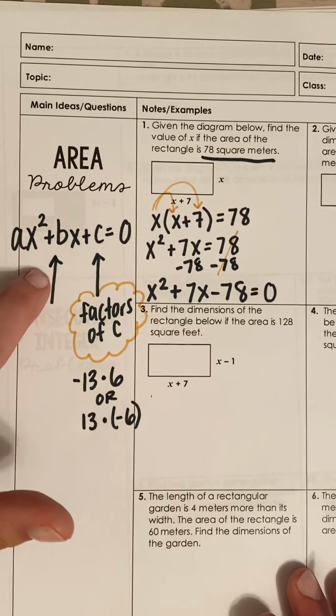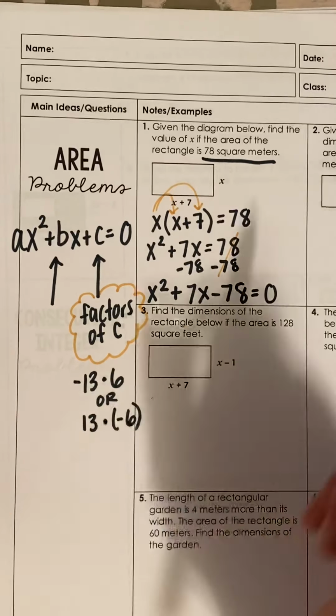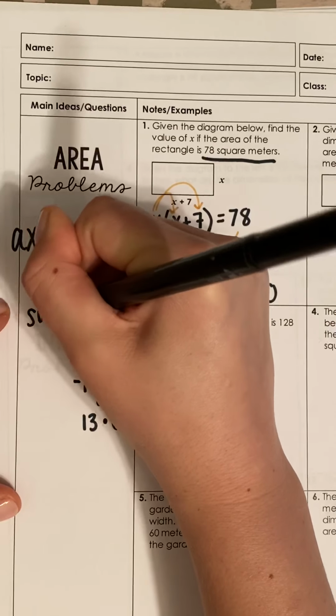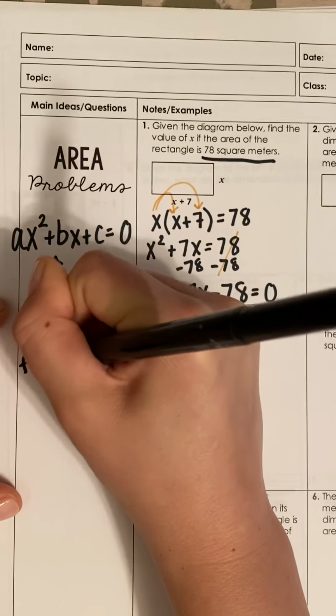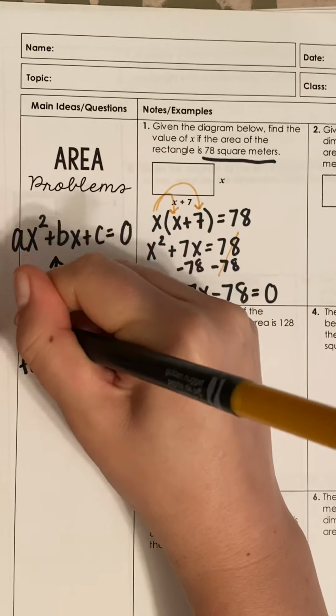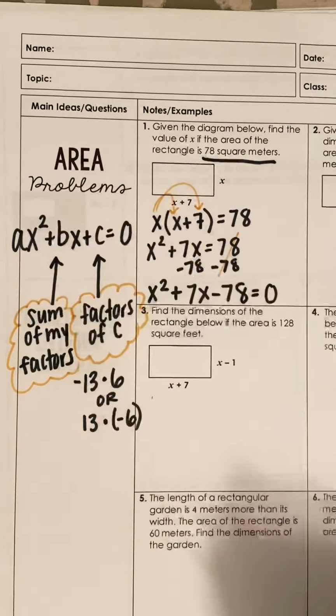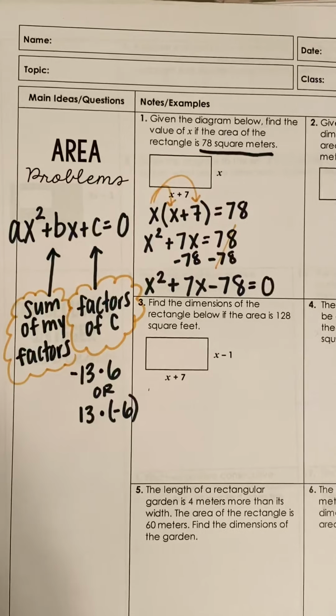Now, in order to figure out what b is going to be, it is the sum of my factors. So this is from a few days ago when we were finding our solutions through factoring. You know what, this ended up being nice. Now I could use colors since I'm not working all at once.